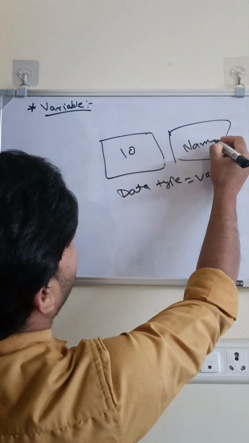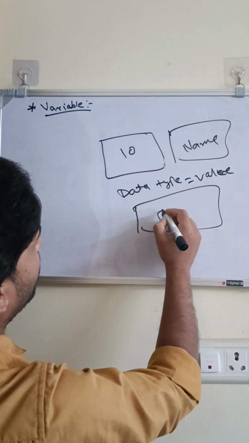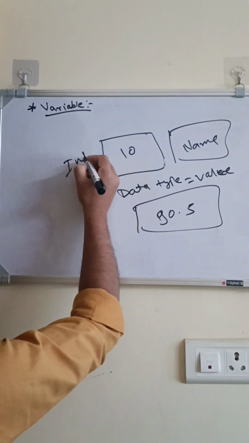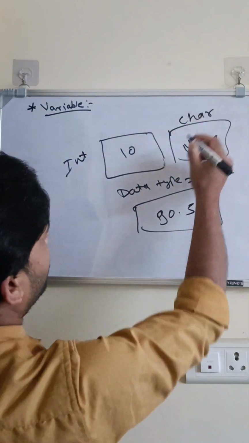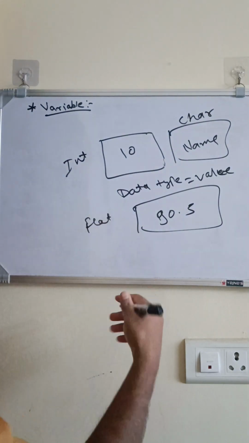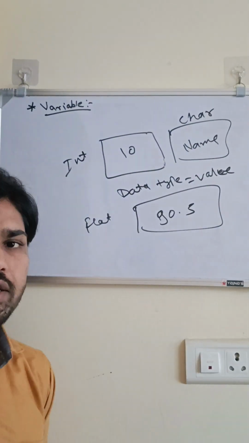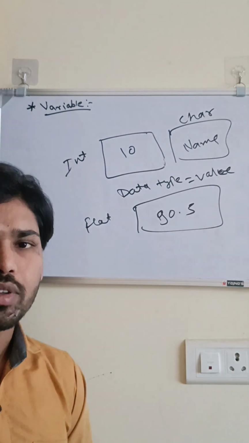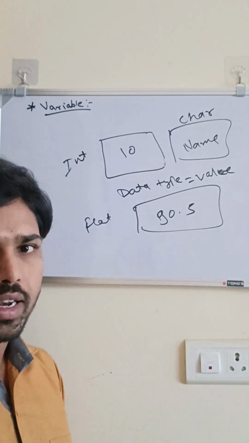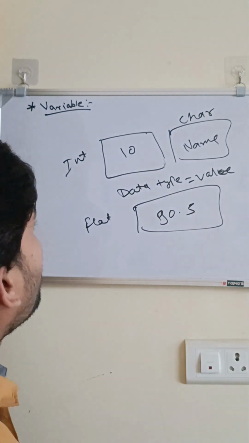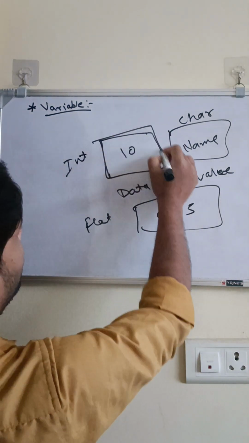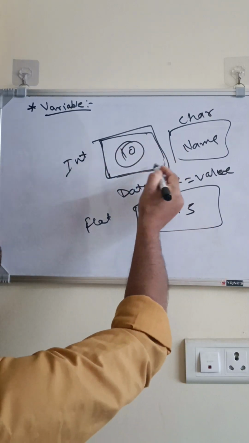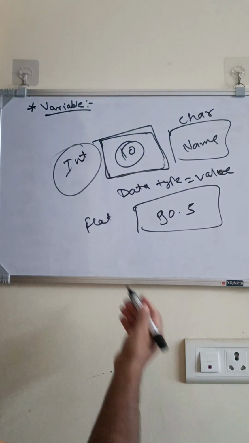So this is the integer data type, char data type, float data type. We will see what all the data types are and what their range and size are. But coming to the variable, the container stores the value of the data type.